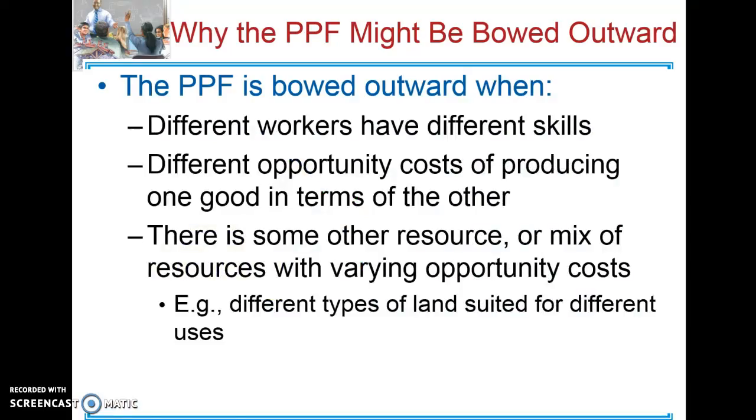So the PPF is bowed outward when you have different workers that have different skill sets, different opportunity costs of producing one good in terms of the other, or there is some other resource or a mix of resources with varying opportunity costs. So you have different types of land, for example, that are suited for different uses.